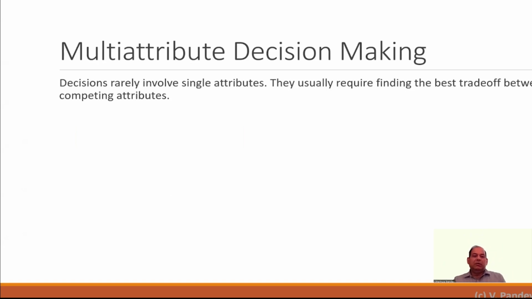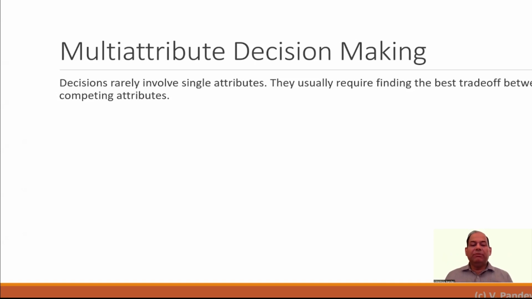So decisions rarely involve single attributes. That goes without saying. I can't think of a single decision situation where only one attribute is involved. Especially if we look at the entire decision and not just a small snapshot or a small region of the feasible space.